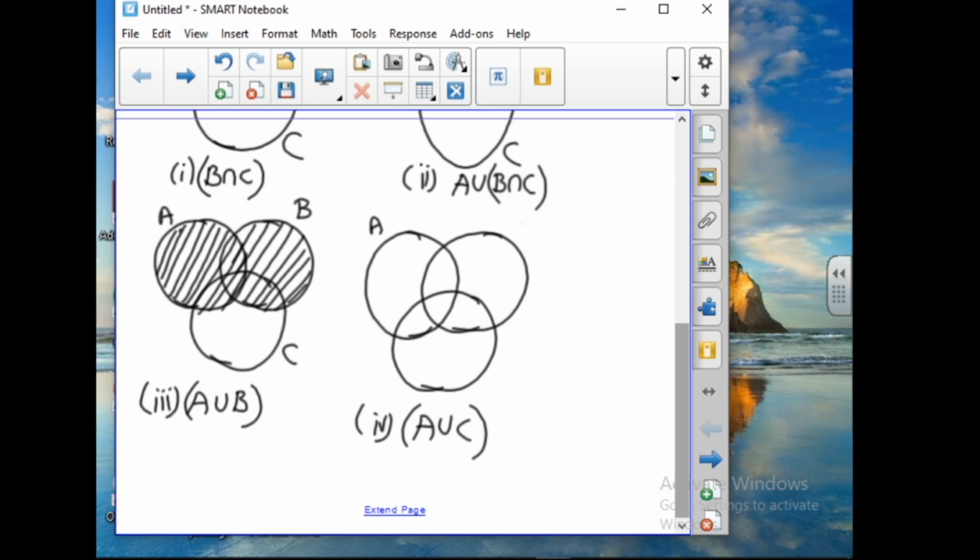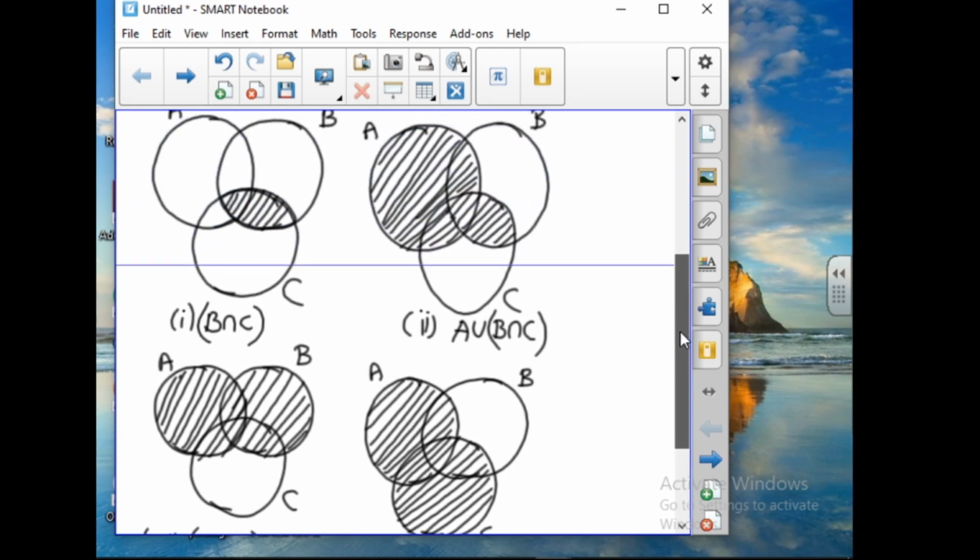This is A, B and C. A union C means A circle and C circle you have to shade. Okay, this is your A union C.